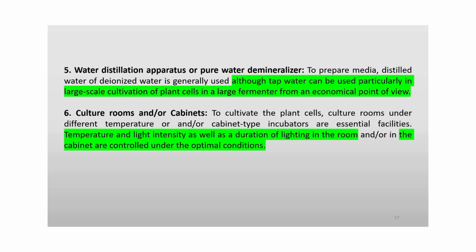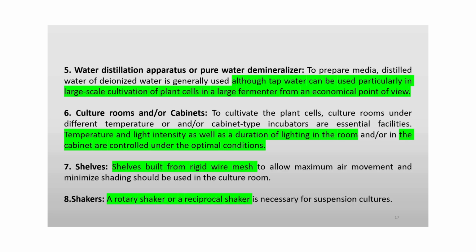To cultivate the plant cells, culture rooms under different temperature or cabinet type incubators are essential facilities. Temperature and light intensity as well as duration of light in the room or in the cabinet are controlled under optimal conditions.